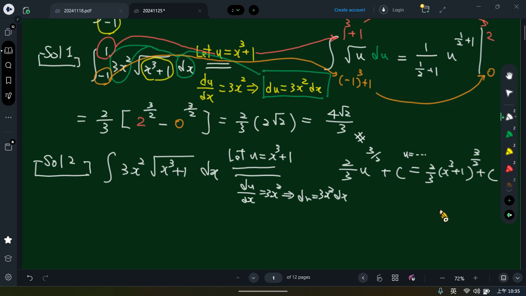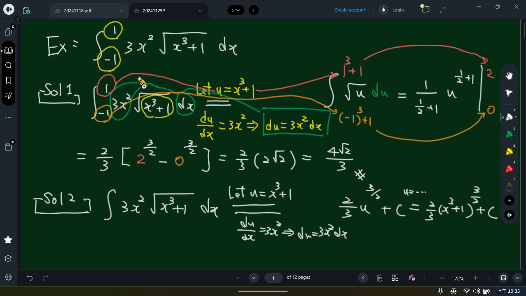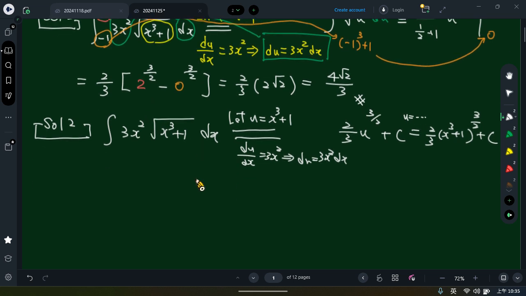Right? So here, just follow the process in section 5. We just treat it as the indefinite integral first. Then after you have this, you already know your target is to calculate the definite integral.